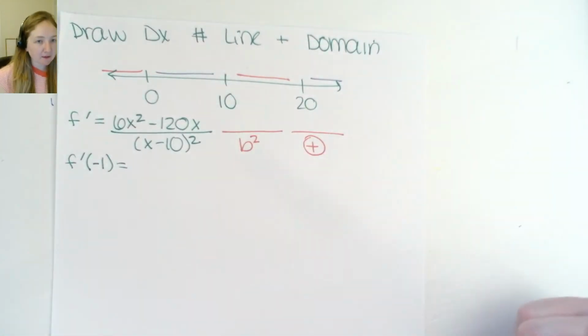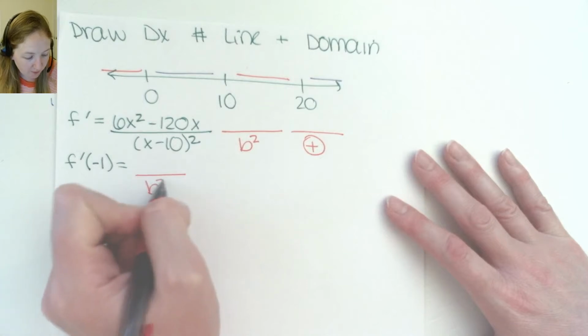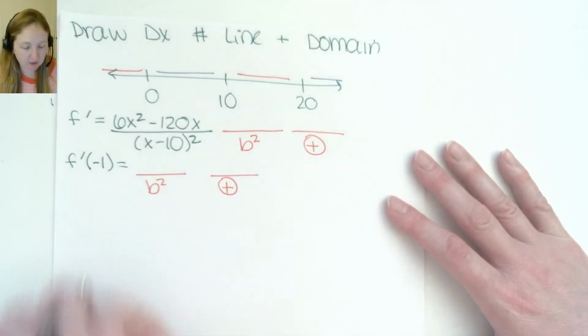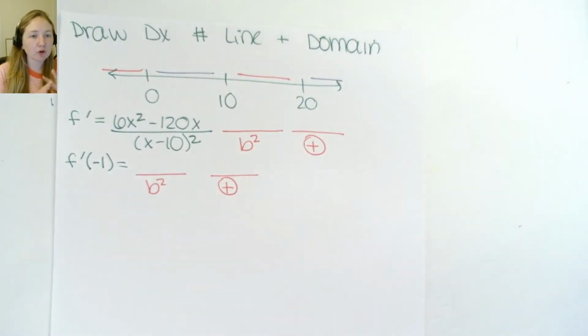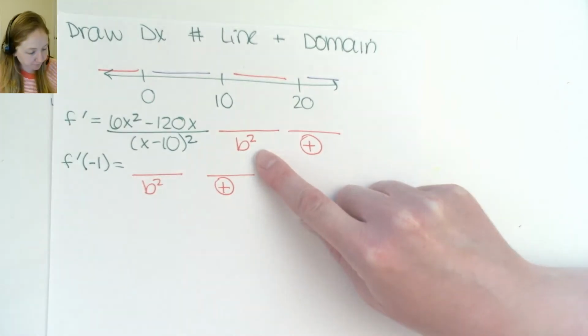So technically, if you wanted to save yourself a little bit of time and energy, you could not plug into the bottom because you know that that bottom is squared and you know it is going to be positive. So you could just completely not plug into the bottom and just plug into the numerator to determine this sign. So that is a little helpful hint, and it's going to come up a lot with the quotient rule because the quotient rule always has that bottom squared.